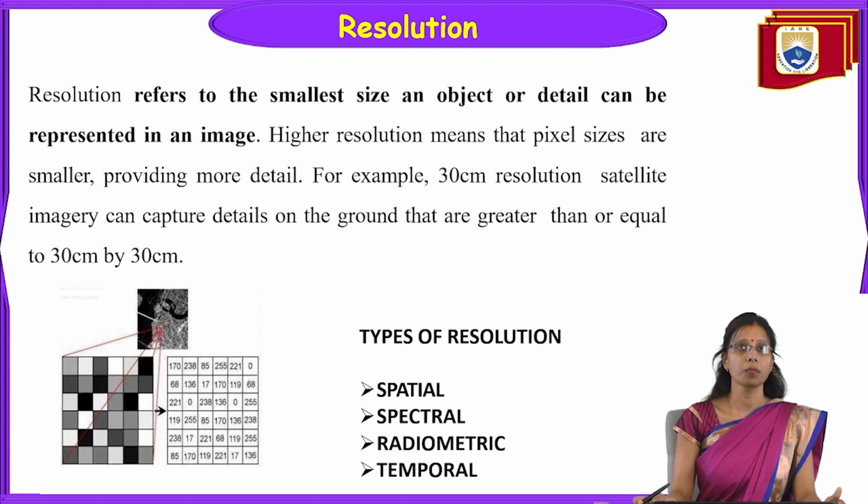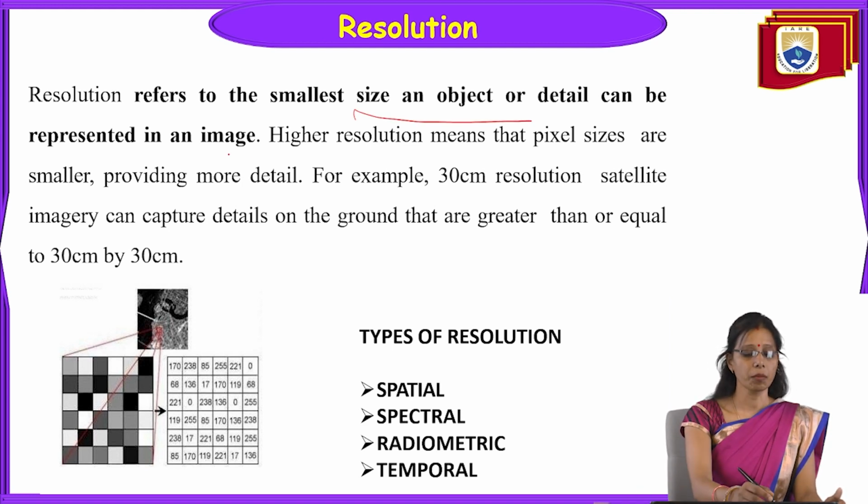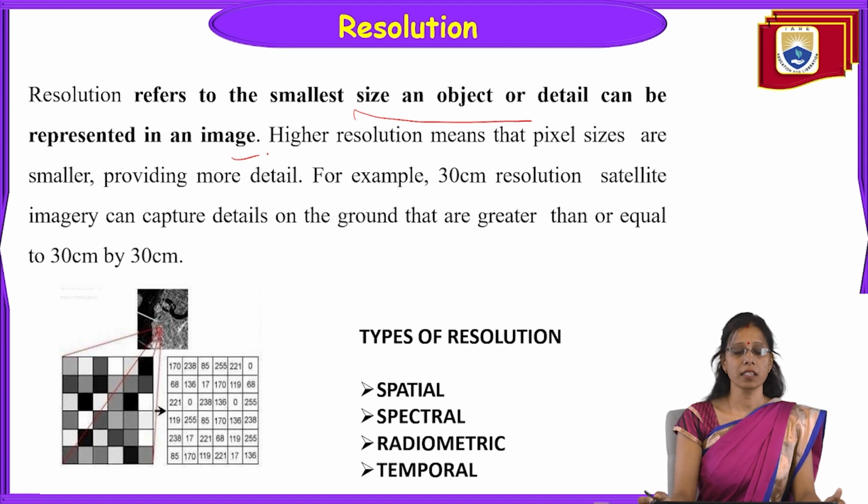What does resolution mean? Resolution refers to the smallest size an object or detail can be represented in the image. When we talk about the resolution of an image, we are talking about the pixels.